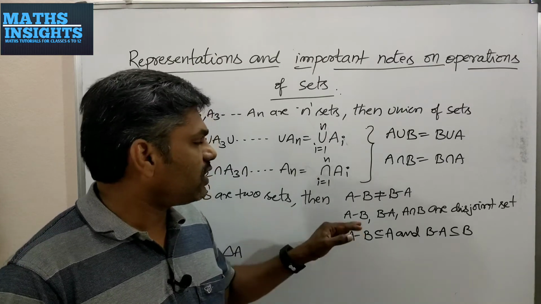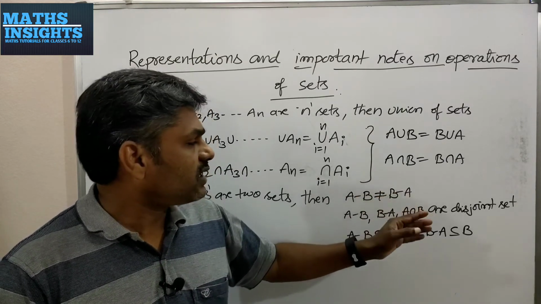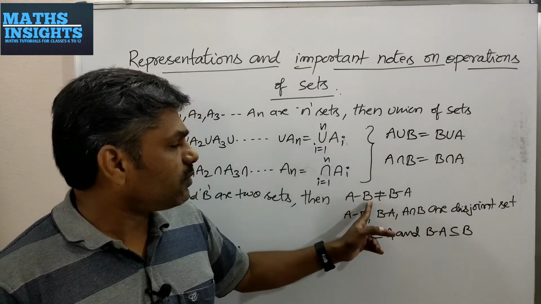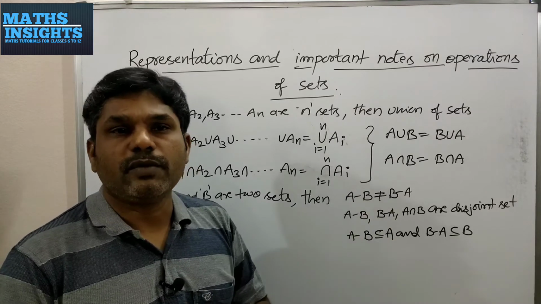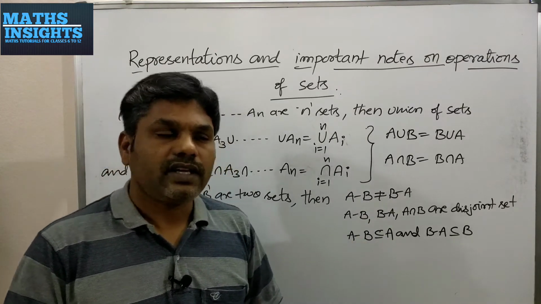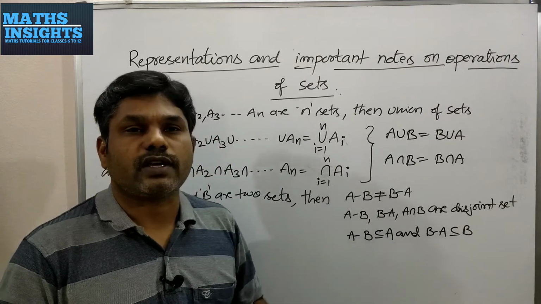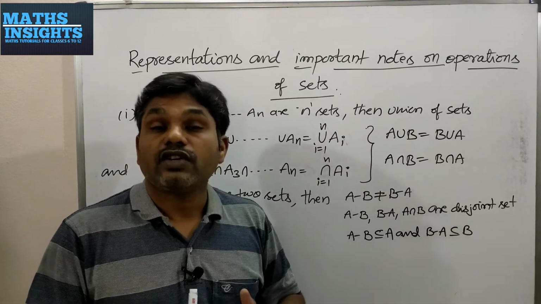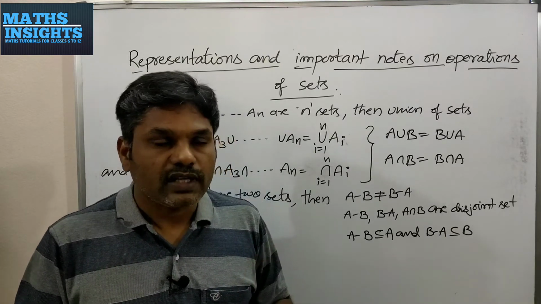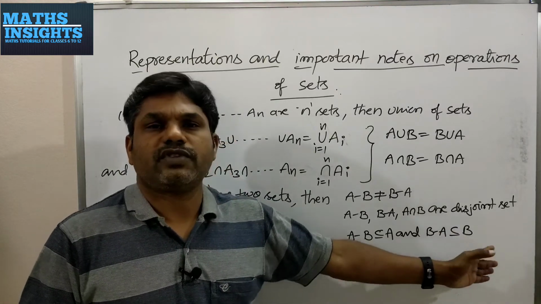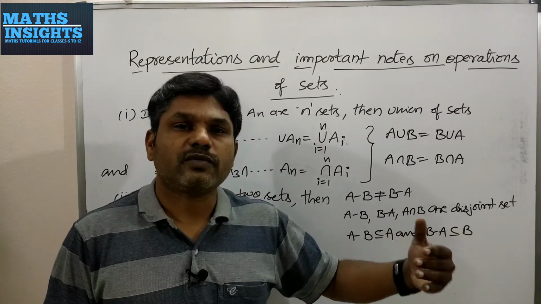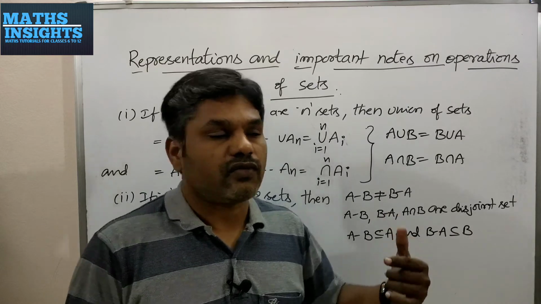That's why you call A minus B, B minus A and A intersection B disjoint, and also you write A minus B is not equal to B minus A. Similarly, A minus B is a subset of or equal to A. B minus A means you are removing A and writing the elements of B only, then that will be a subset of or equal to B. You know what is meant by subset from the previous definitions.